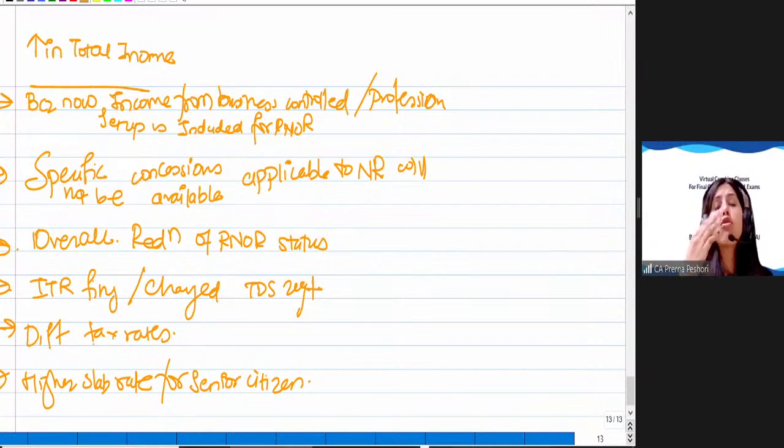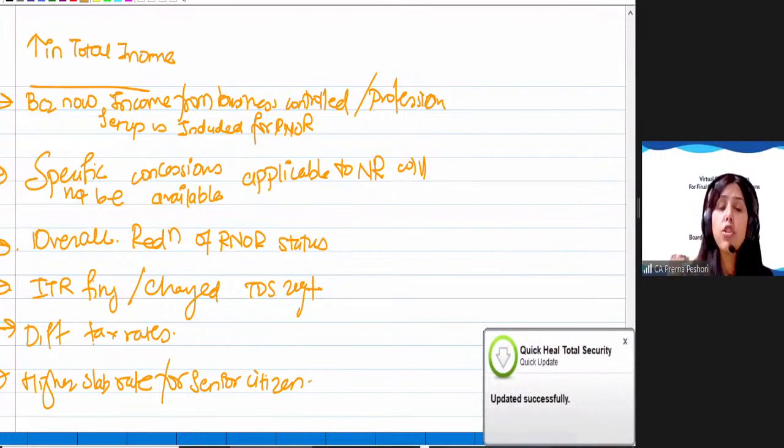So all of those deductions will be available to RNOR, which are not available to NR. So that is beneficial for him. Even if a person is a senior citizen, he has higher tax slab rate available to him, which is not available when a person is NR. So that will be beneficial for such a person who is becoming RNOR. Clear? Is it clear till now?